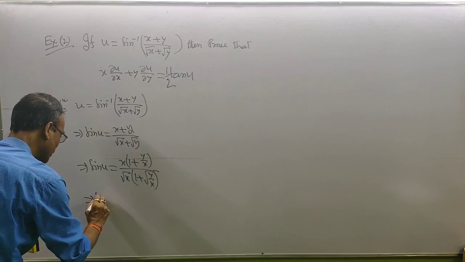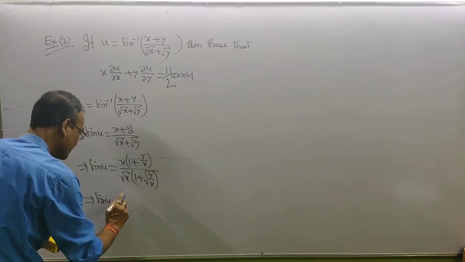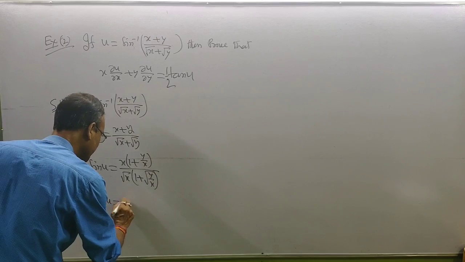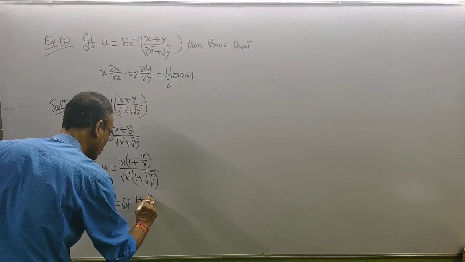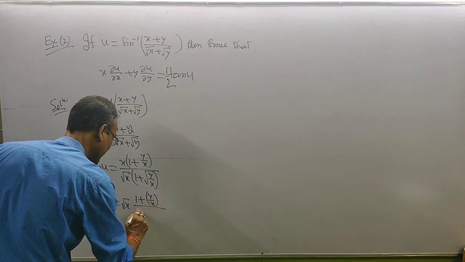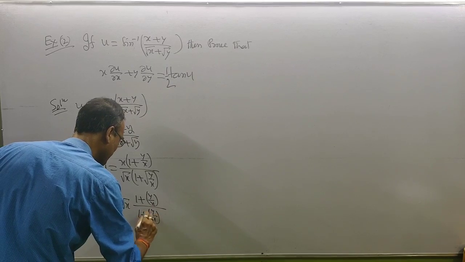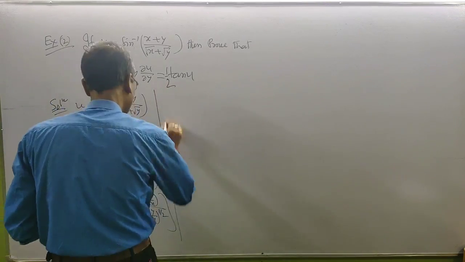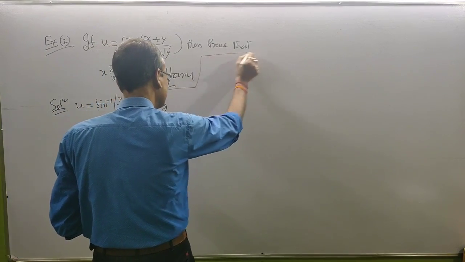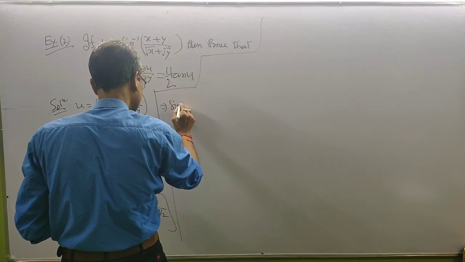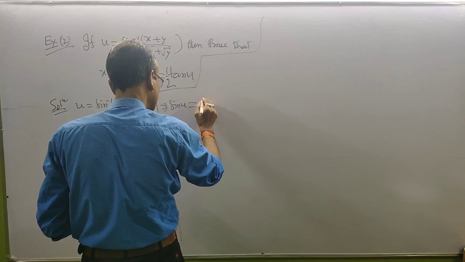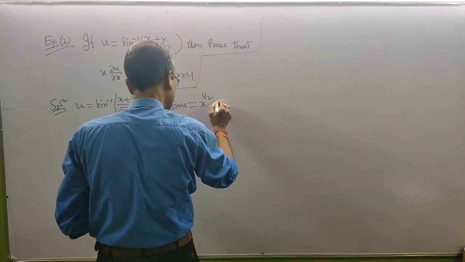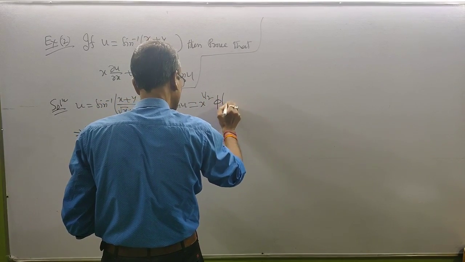This means sin u equal to x divided by root x, which means root x, times (1 plus y by x) and (1 plus y by x whole to the power half), or sin u equal to x to the power half, a function of y by x.